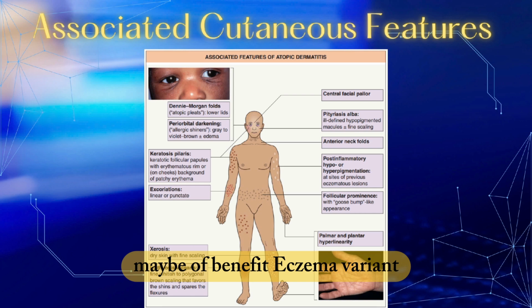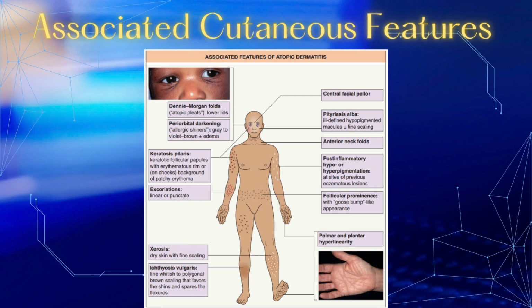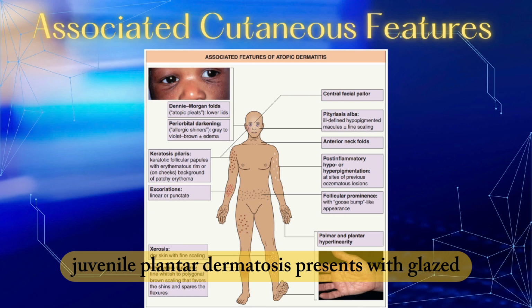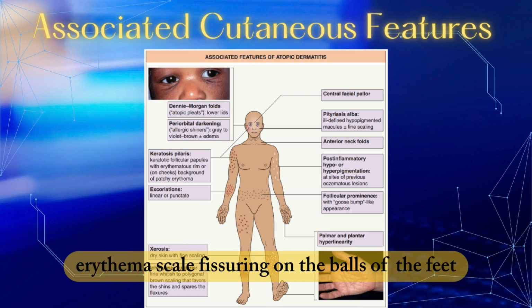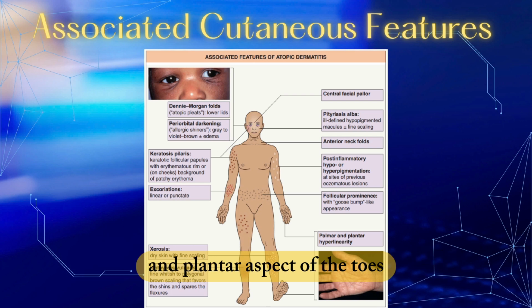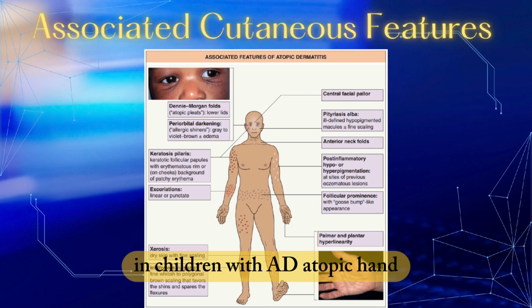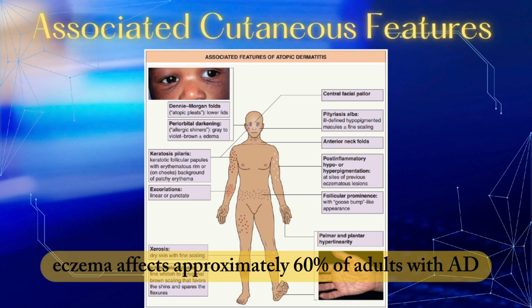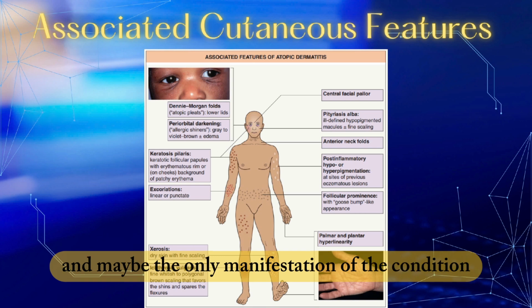Eczema variants also occur in acral sites. Juvenile plantar dermatosis presents with glazing, erythema, scale, and fissuring on the ball of the foot and plantar aspect of the toes in children with AD. Hand eczema affects approximately 60% of adults with AD and may be the only manifestation of the condition.